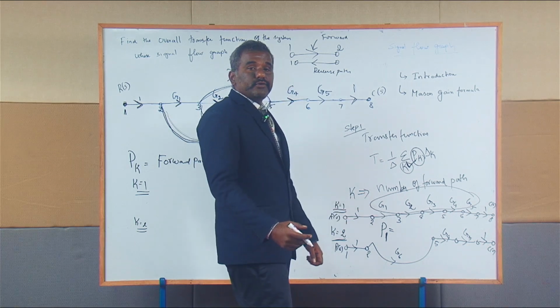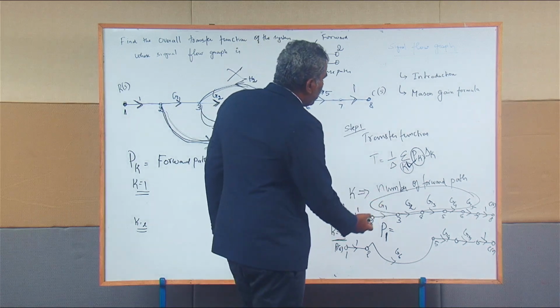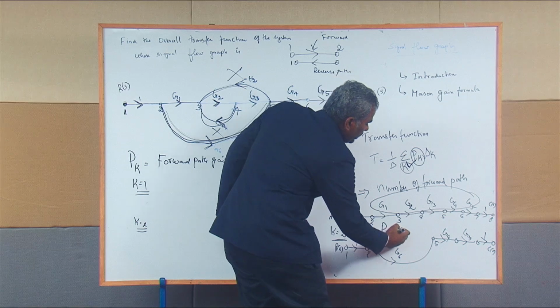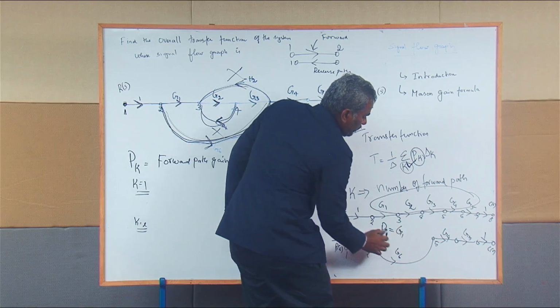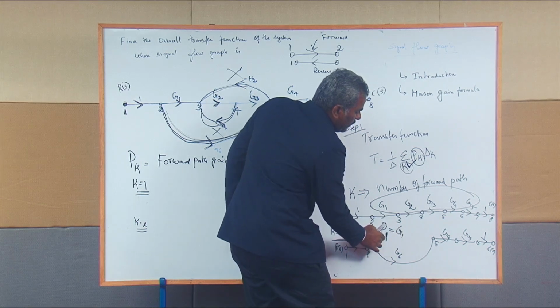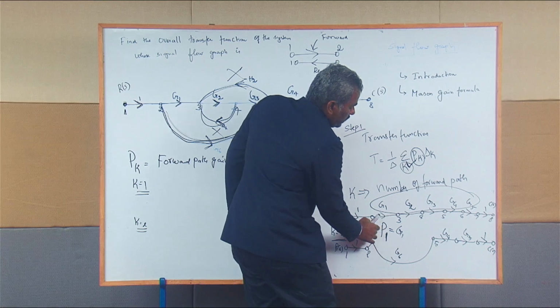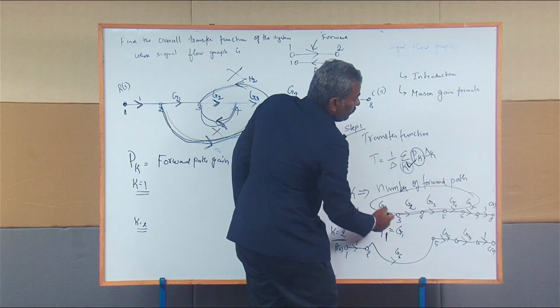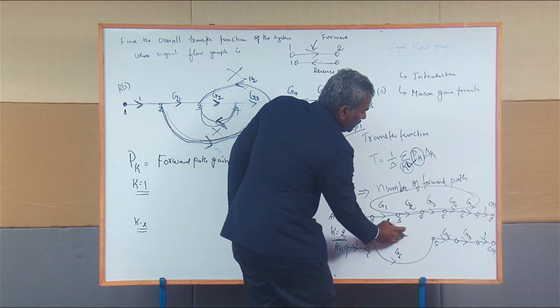All those gains should be multiplied, and the overall gain of the forward path k equal to 1 should be provided, that is p suffix 1. Then the gain values of all those things should be multiplied.